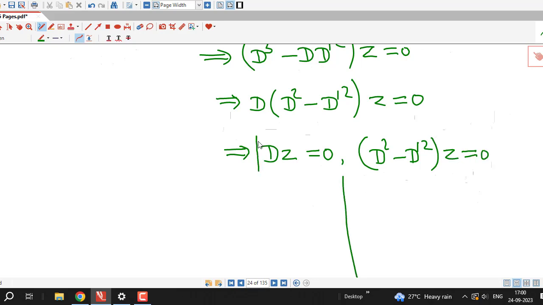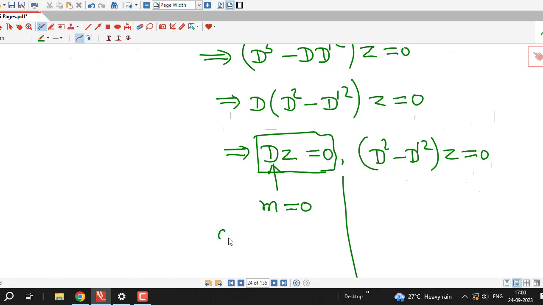Now how to solve Dz equal to 0? We can write down the auxiliary equation corresponding to this D, and for that we replace D by m and we will have m equal to 0.